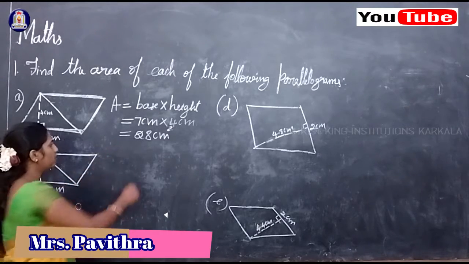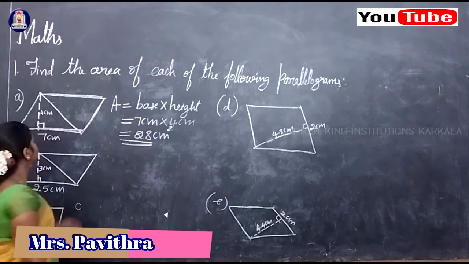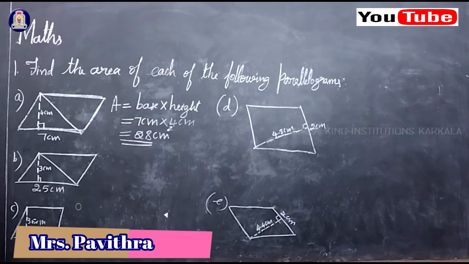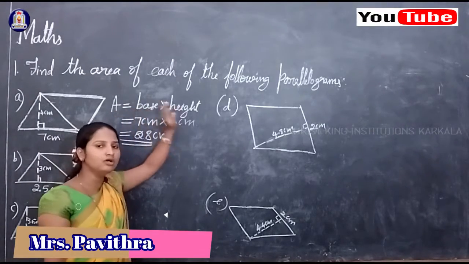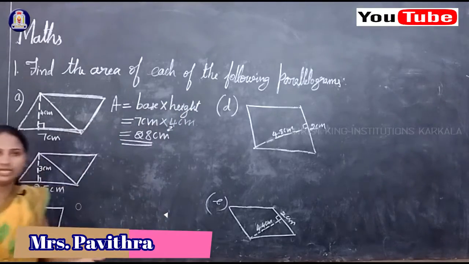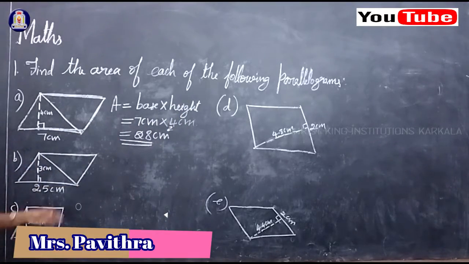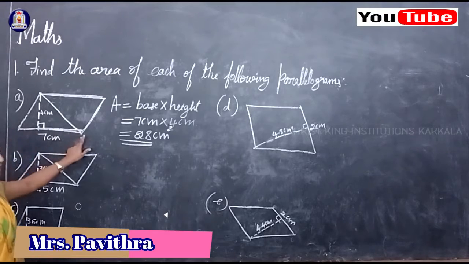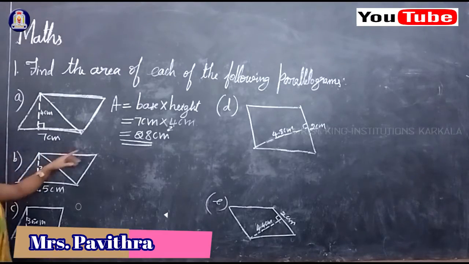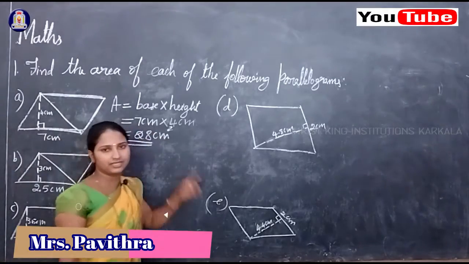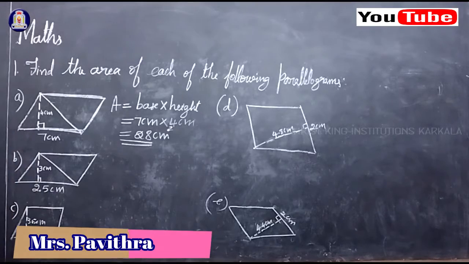Clear? This is the area of the first parallelogram. So A is equal to B into H. B is the base of the parallelogram and height is the altitude or height of the parallelogram. If you multiply height into base, we will get 28 centimeter square.